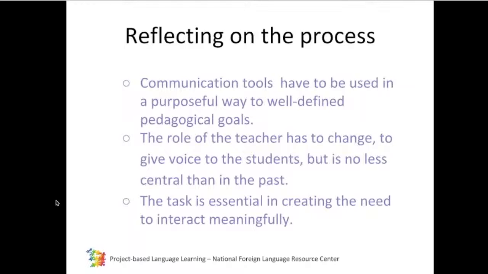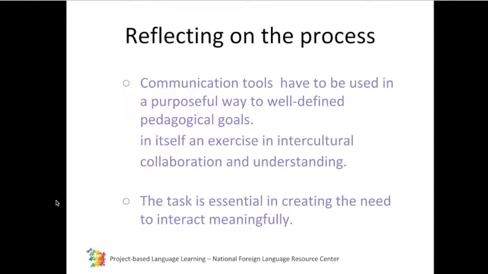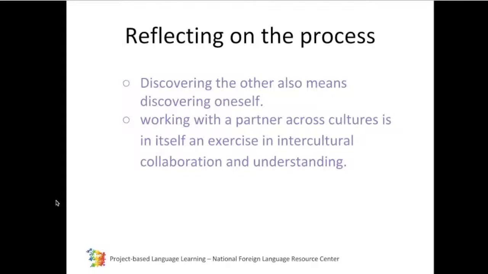The task is essential in creating the need to interact meaningfully. Discovering the other also means discovering oneself. The students constantly explain their culture and think about their ways of doing everything. And finally, working with a partner across cultures is in itself an exercise in intercultural collaboration and understanding.